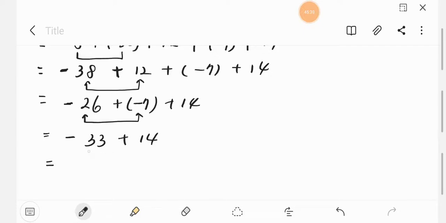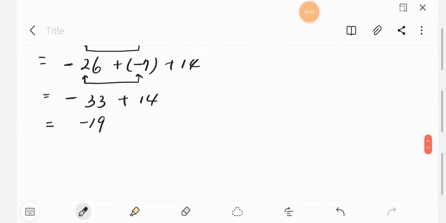Okay, finally, these two have different signs, and 33 is larger than 14, so subtract. 33 minus 14 is 19, and then take the sign of 33, which is minus, because 33 is greater than 14, right? So that's the solution. I mean, this is the answer.